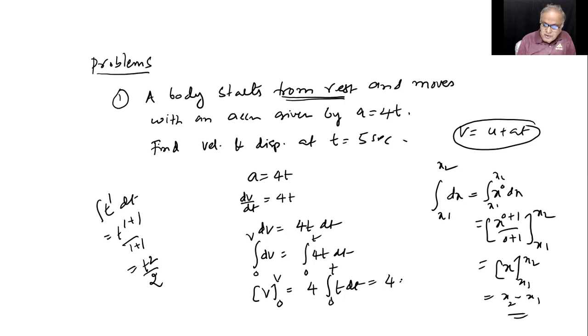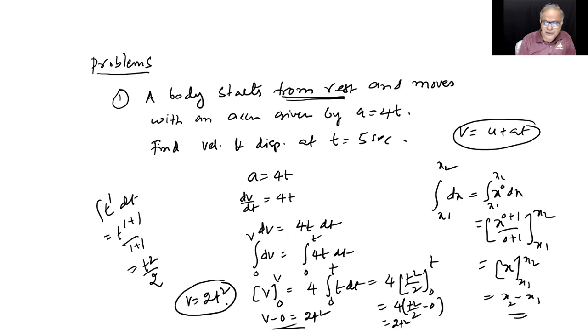So 4 into t square by 2 between 0 and t. That will be 4 into, substitute t first, substitute 0 next, which is 2t square. So what do I get? v minus 0 is equal to 2t square. So v equals 2t square. This is velocity as a function of time.